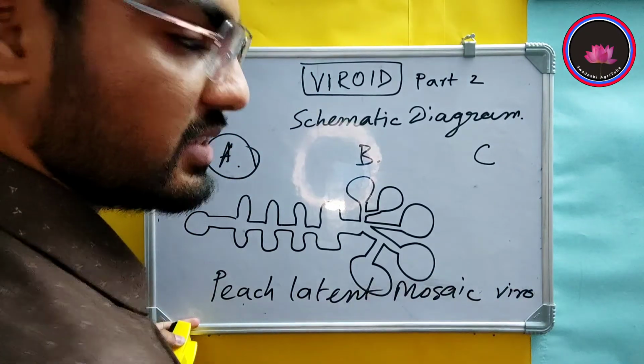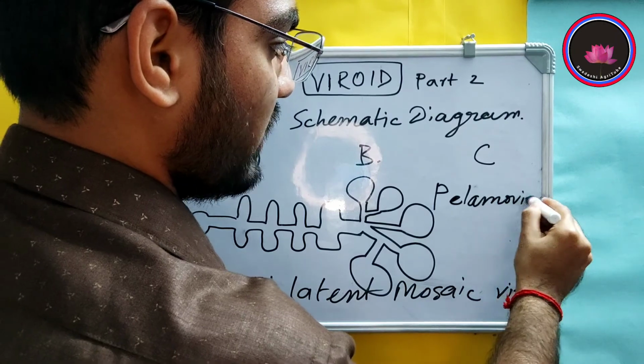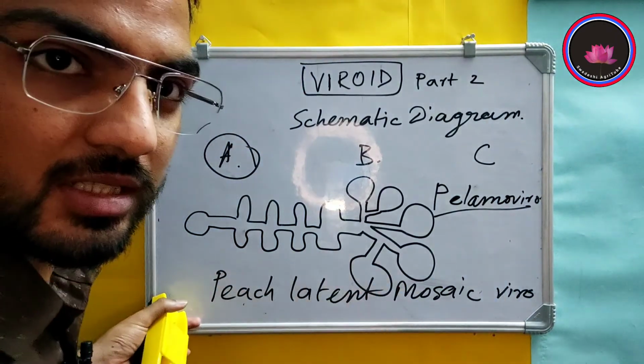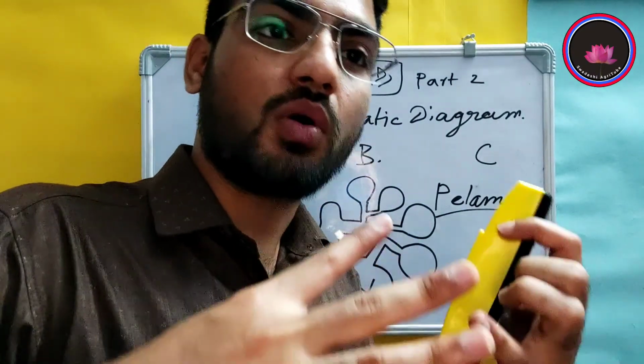That means in the genus Pelamoviroid, this kind of complex branching structure is seen. So that's for today. In the next video we will discuss the origin of the viroid.